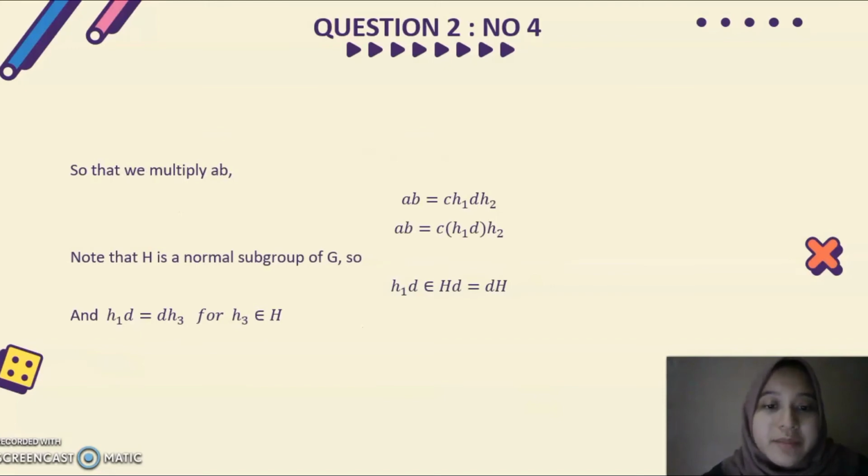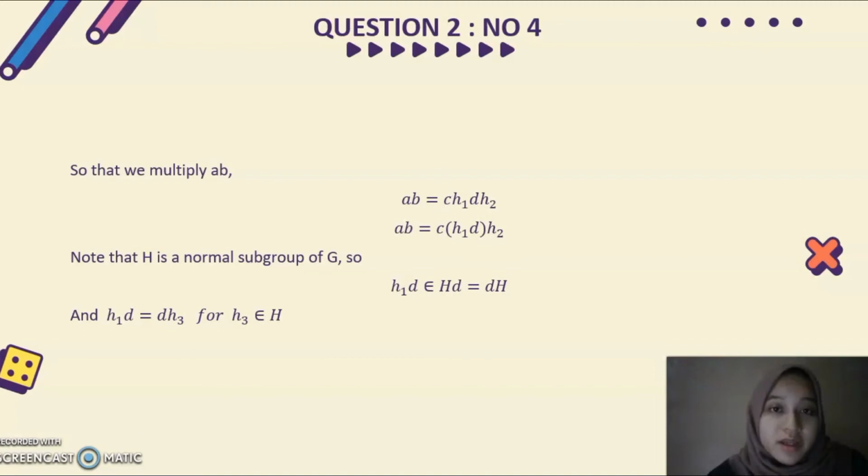So when we multiply ab, we will get ch1 times dh2. By using associativity here, we will have c times, in the bracket, h1d times h2. Note that H is a normal subgroup of G, so h1d is an element in Hd, where it holds also as dH.